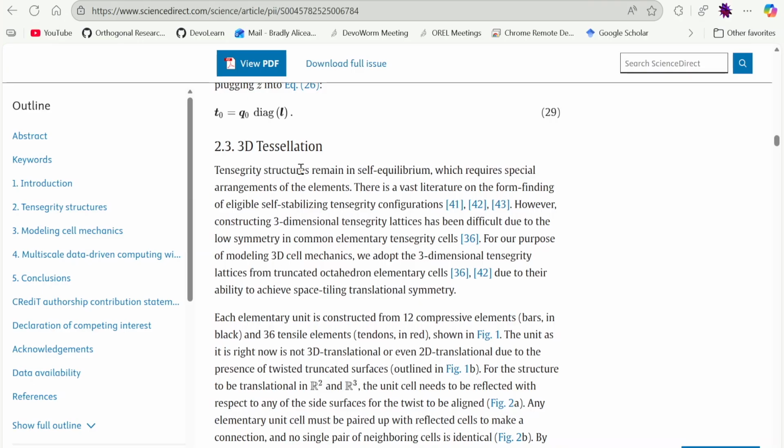It's kind of like protein folding, where you have all these configurations, this huge configurational space. Some proteins are functional because of their configuration, and some are not. And so it is with tensegrity structures. Sometimes the structure is not viable, and sometimes it's viable and stable, and that's what we want to find.